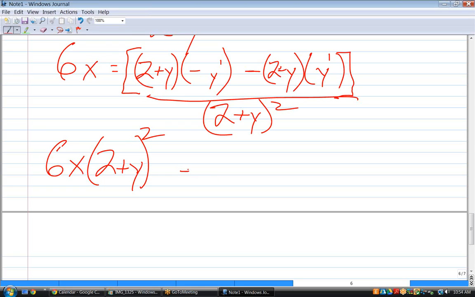Okay, so my right side, I really don't need these brackets. What can I do with that numerator? Is this where you'd factor out the y prime? Yeah. In other words, I don't need to distribute these. I just need to factor out y prime. And what am I left with? 2 plus y.